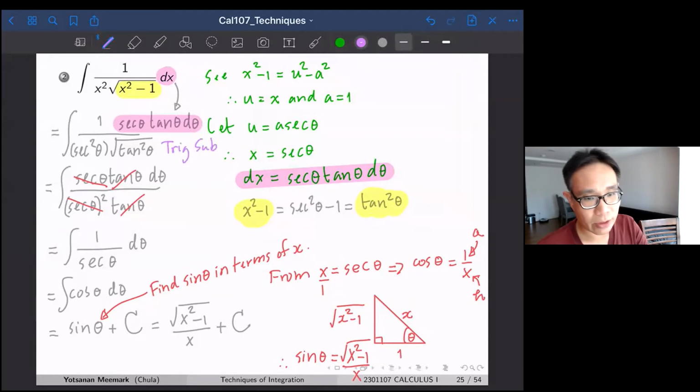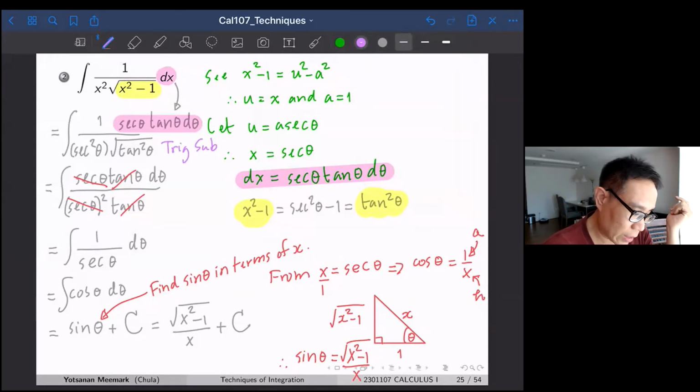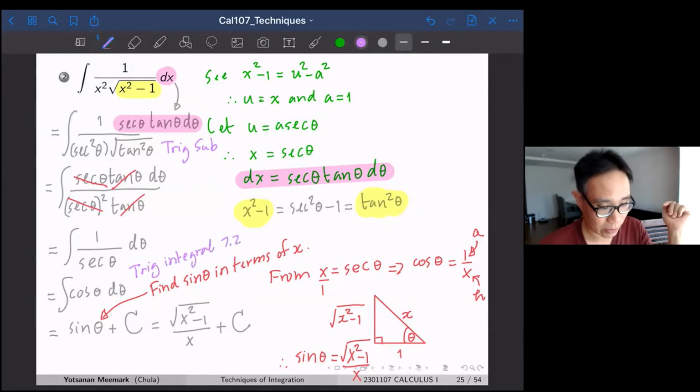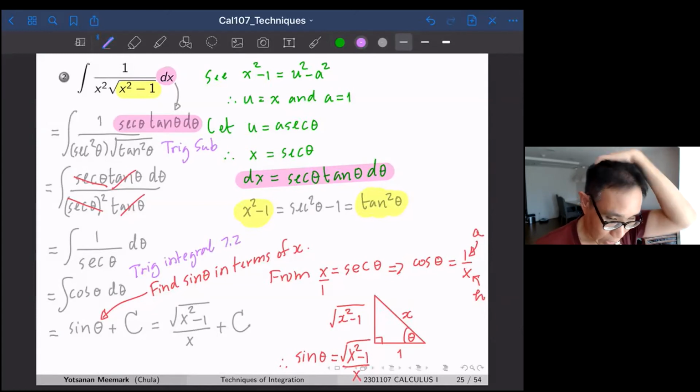The technique is called trig sub because you have the trigonometric substitution at the first line, and here it's going to be the trig integral, and trig integral is 7.2. And the basic trigonometry that you use is at the end. You have to know the basic trigonometry here.